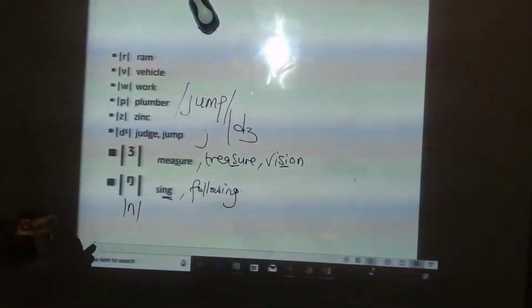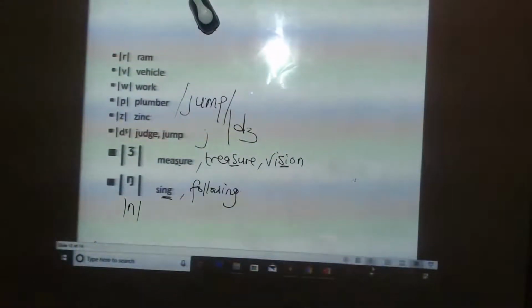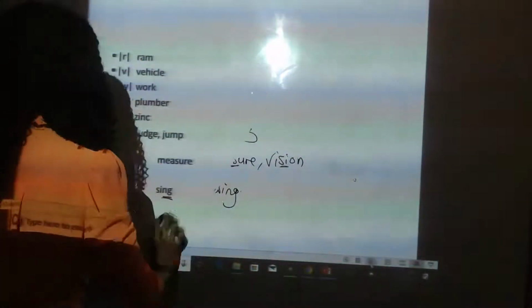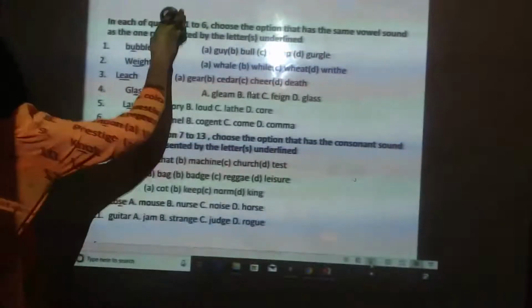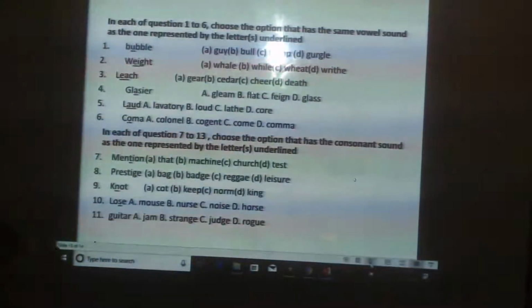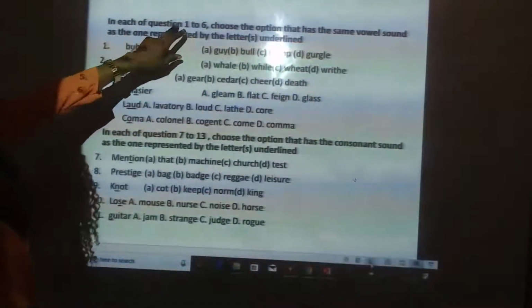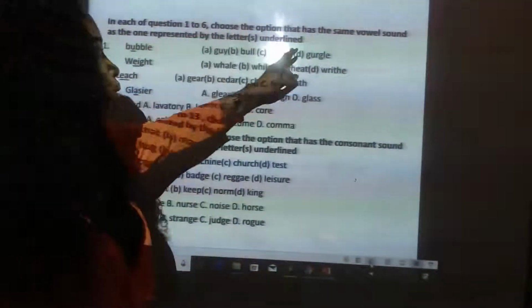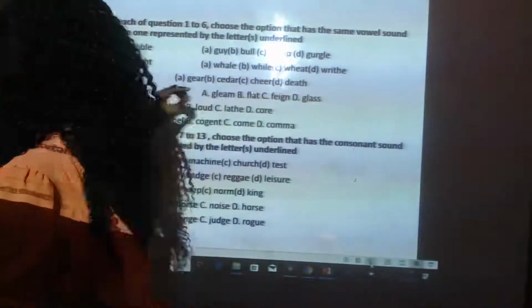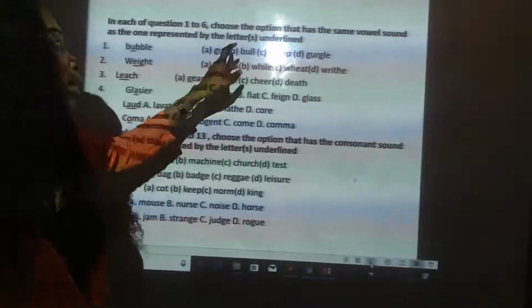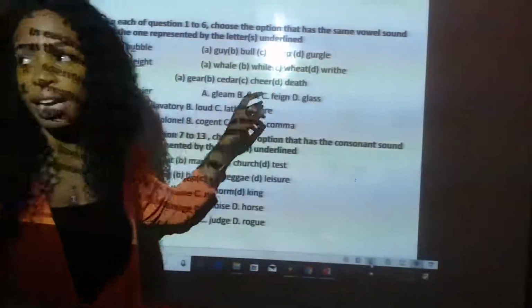Now let's look at the examples from the past question to understand this more. Here it says, in each of questions 1 to 6, choose the option that has the same vowel sound as the one represented by the letters on the line.